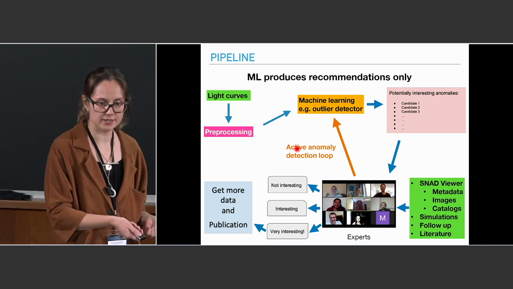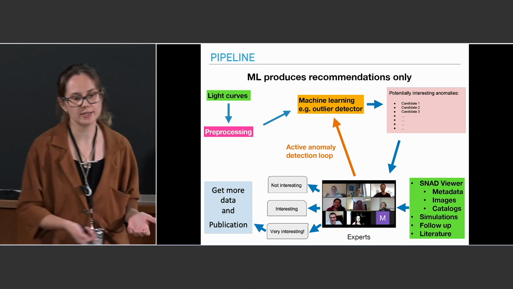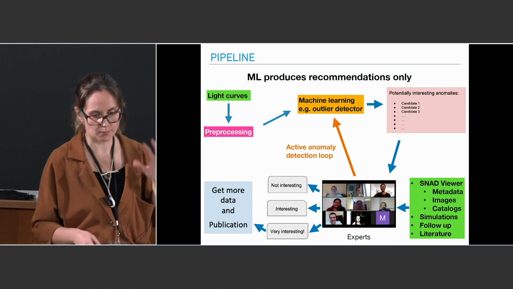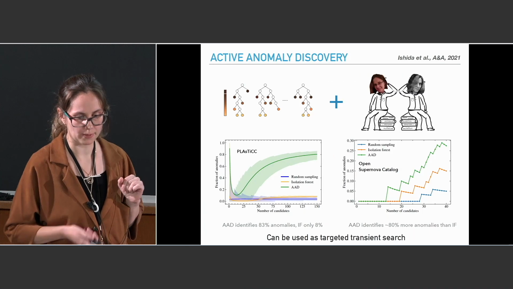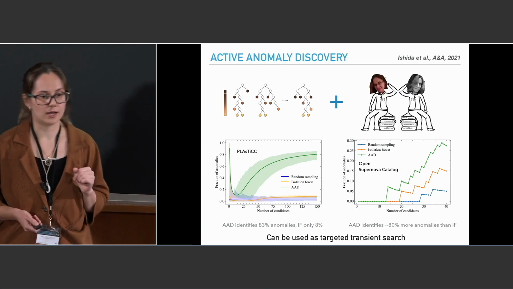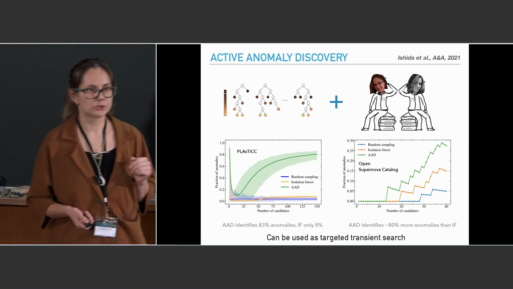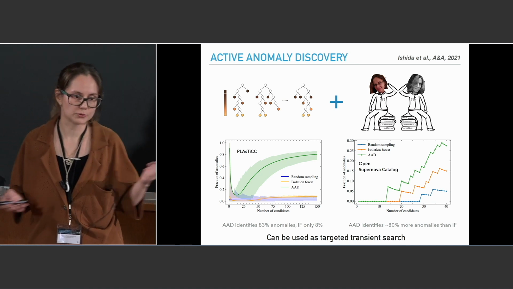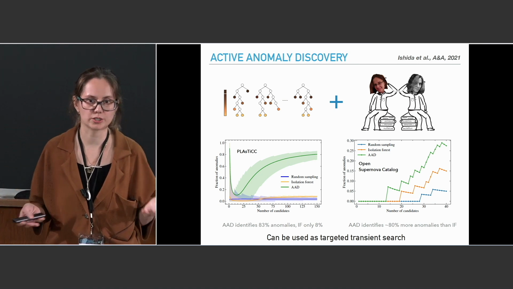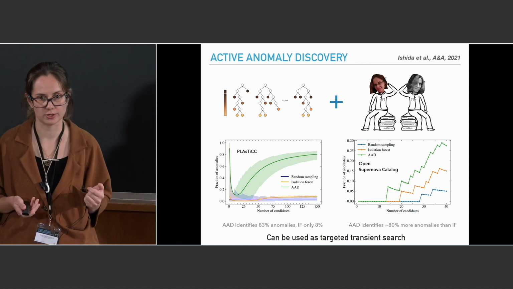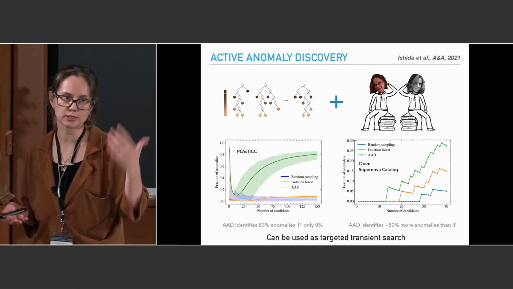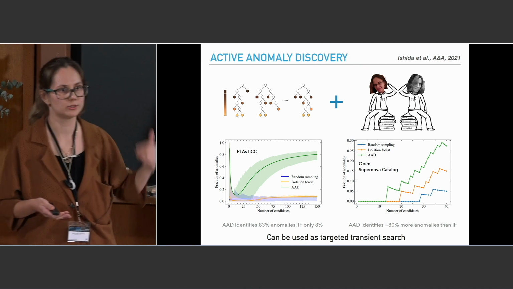An important step here is that we are trying to introduce the active anomaly approach in our pipeline. What does it mean? It started as one of the usual anomaly detection algorithms, let's say isolation forest. Isolation forest provides us with a list of outliers, as I said, ordered by the anomaly score.